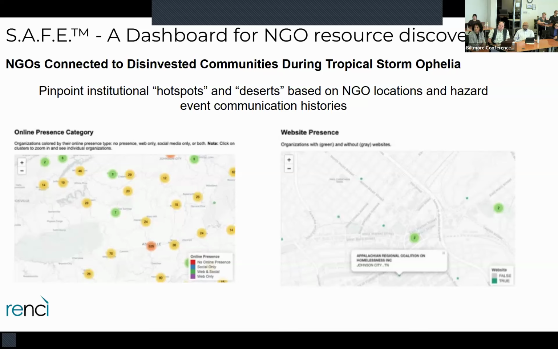And so this is an image that shows the locations and the extent that the NGO has either no online presence, social media only, web and social, or web only.